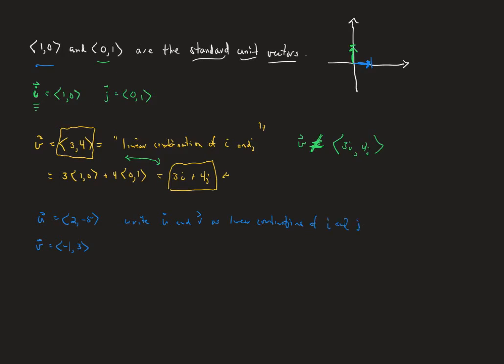And of course we can. So u, it just means we're going to write it as 2i minus 5j. That's it. That's simple. They mean the same thing. And similarly, v will be negative i plus 3j. Not a very good j.